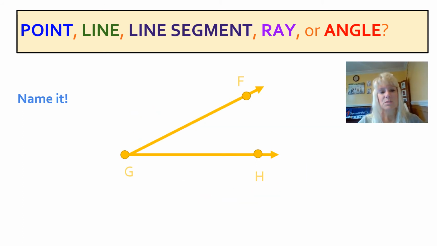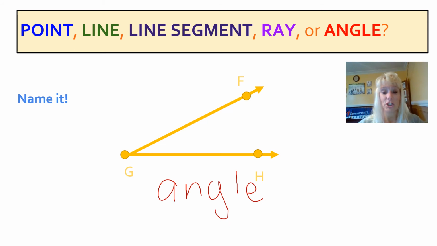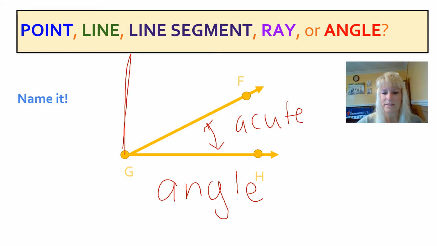And is this a point, a line segment, a ray, or an angle? If you said angle, you're correct. If you said acute angle, you're even more correct, because here's our 90-degree angle, and this is a cute little angle, so it's called acute.